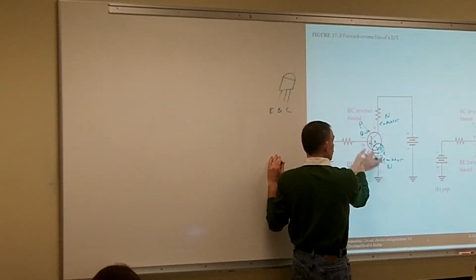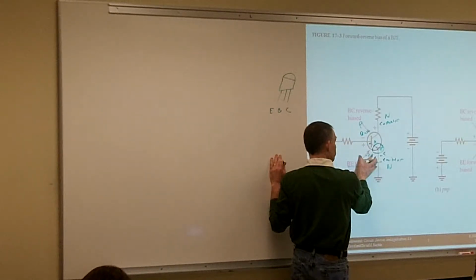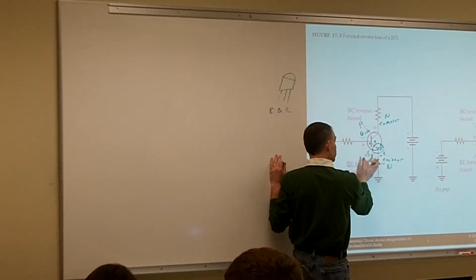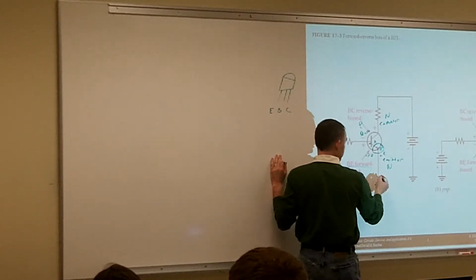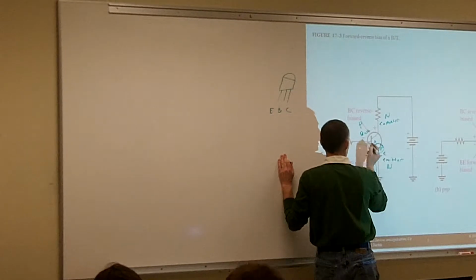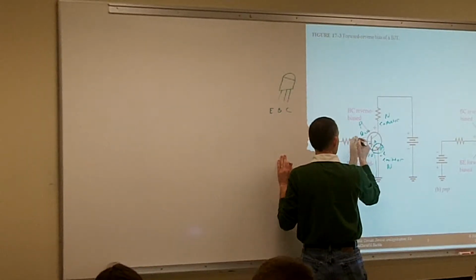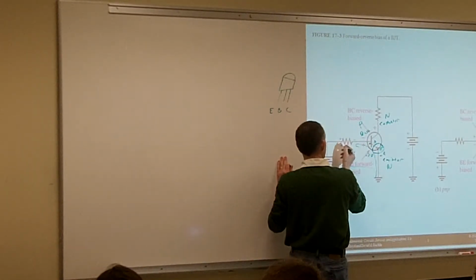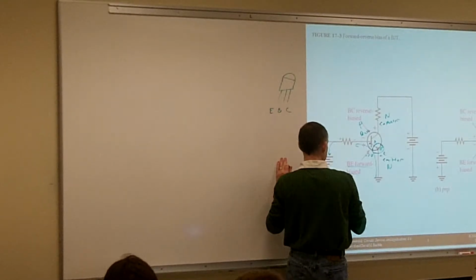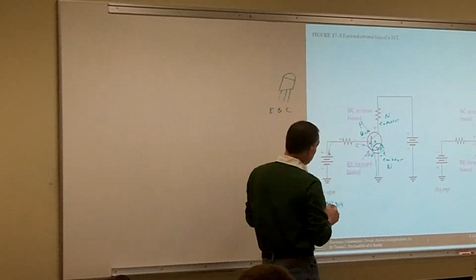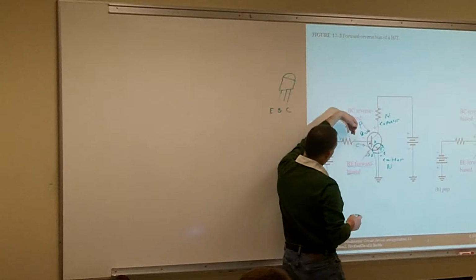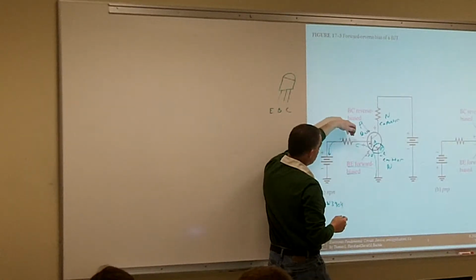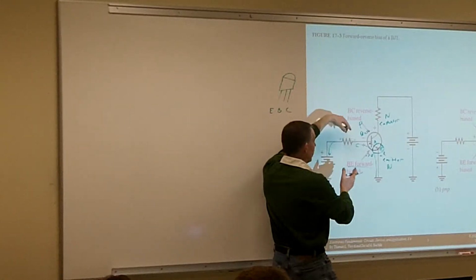So the current's going through our base, and once we forward bias our base to emitter, that current is going to start to flow from our emitter through our base resistor and then back into our source. Our base current is going to be very, very small. That's kind of the whole idea.